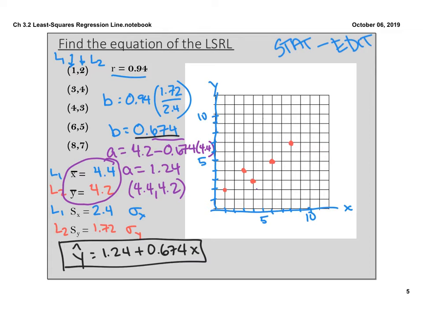That's 2, that's 3, that's 4.2. So I know that's 1 point on my LSRL. The other point that I know that's on my LSRL is the y-intercept. So if I go to 0 and 1.24, I'm right about there. And you really only need 2 points to make a line. So if I connect those 2 purple points, there's my LSRL.